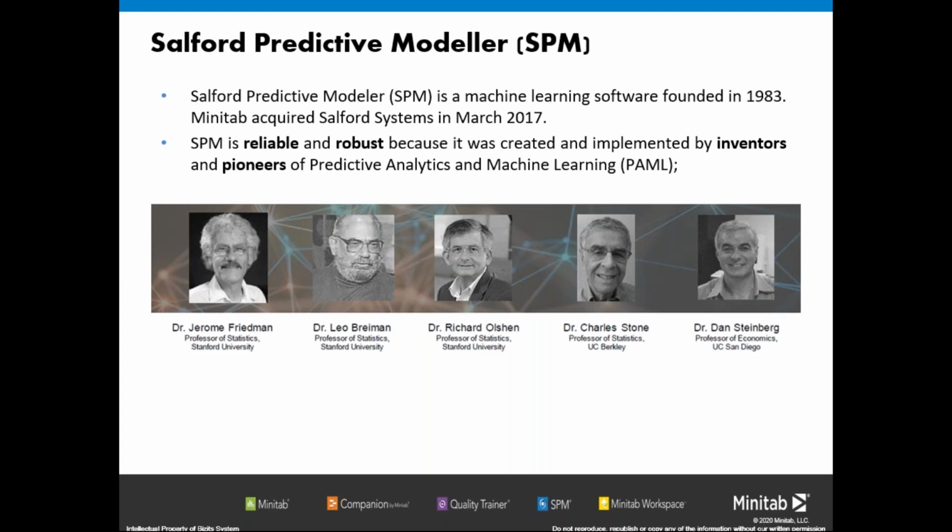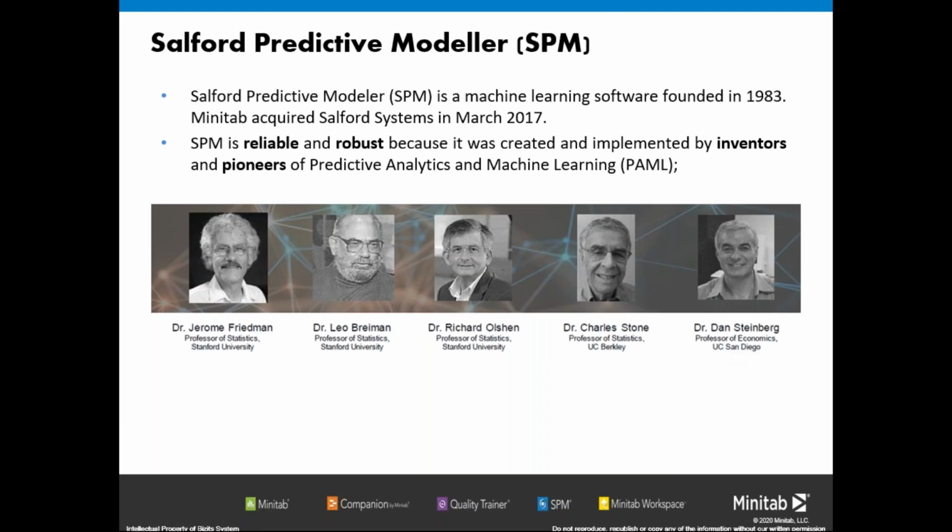SPM is reliable and robust software because it was created by inventors of predictive analytics and machine learning: Dr. Jerome Friedman, Leo Breiman, Richard Olshen, Charles Stone, and Dr. Dan Steinberg.